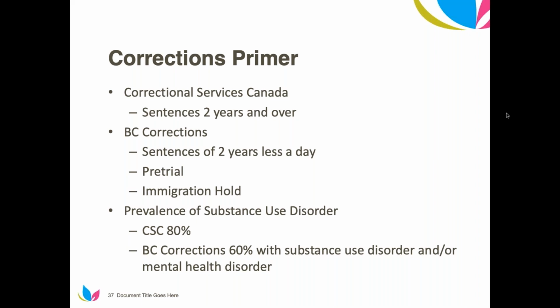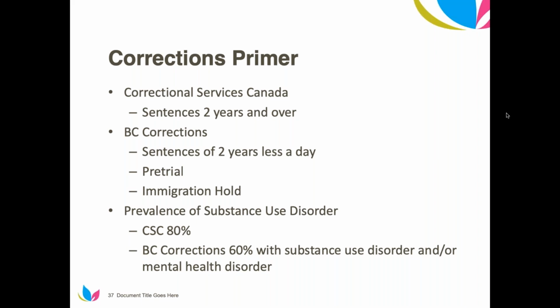And then BC Corrections, which is provincial, anybody with a sentence of 2 years less a day, anybody who's waiting for trial and is high risk would be in a BC Corrections facility, and also immigration holds that are high risk would be held in a BC Corrections facility. The sentence of 2 years less a day, that's just arbitrary, and it varies from different jurisdictions. In the US, for example, a state sentence would be 1 year. In Canada, we use 2 years, basically.